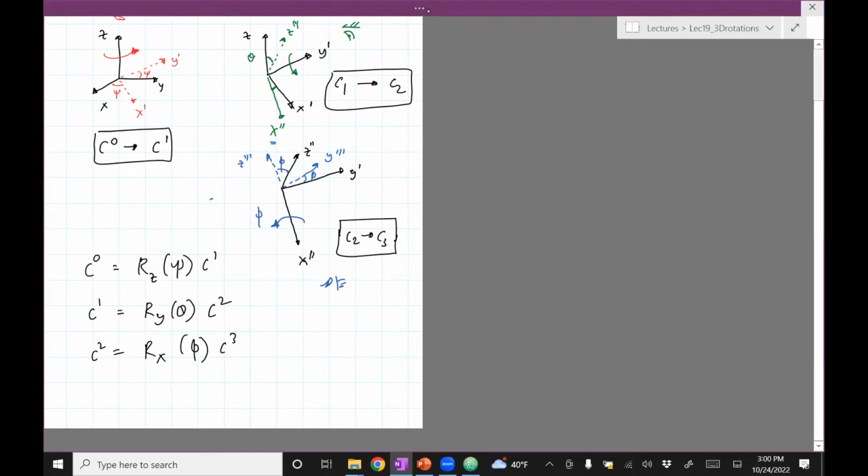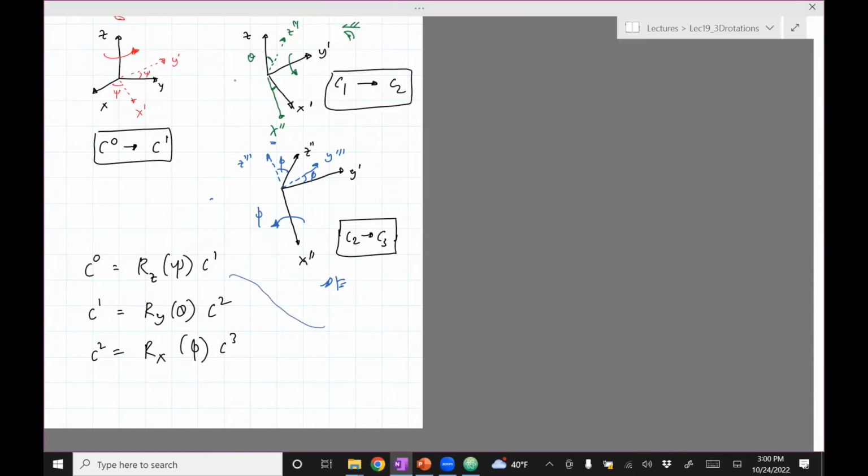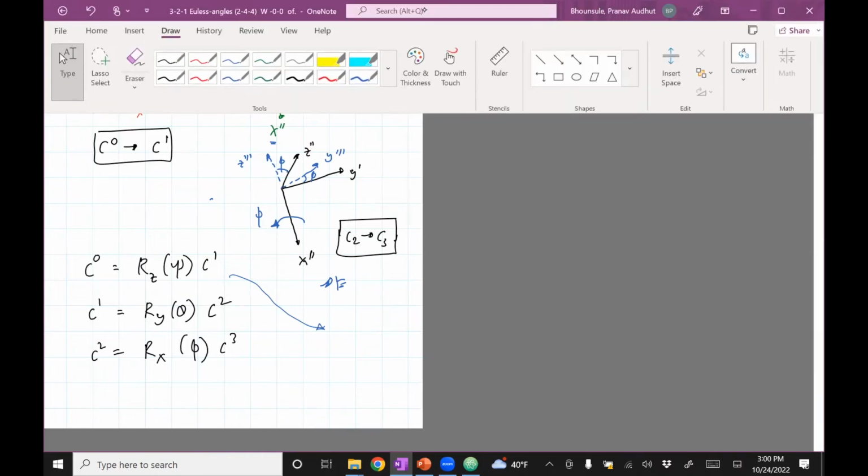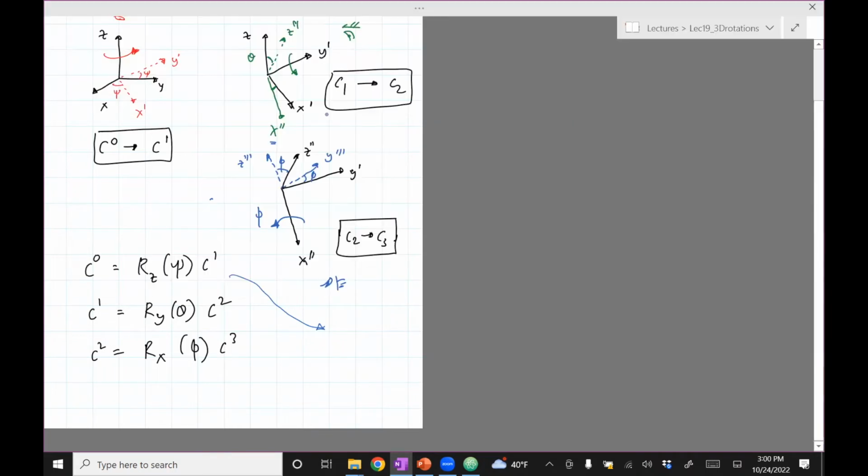Okay, so why is this so? You might want to relate this with what we had done in the past. If you remember, we had x0, y0, and then x1, and then we had theta, and we said that if you take R and you multiply with the vector in frame one, let's call it C1, you get C0.